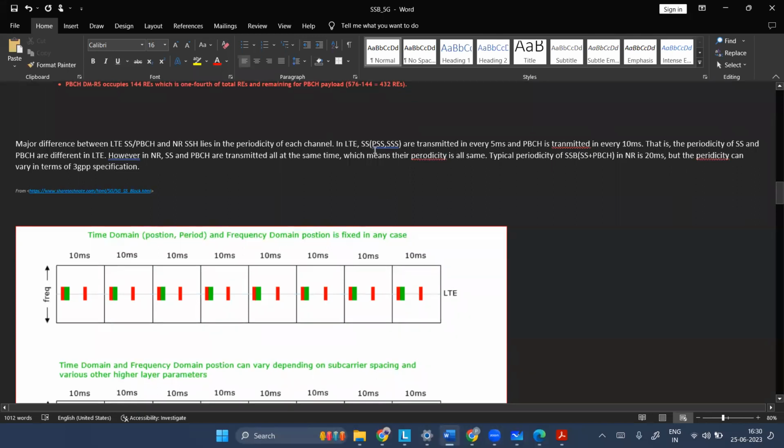In LTE, the SS block, that is PSS and SSS, is transmitted every 5 millisecond, and PBCH is transmitted every 10 millisecond. So the periodicities of SS and PBCH are different in LTE. However, in NR, these are the same. SS block plus PBCH are both transmitted at the same time, which means their periodicity is also the same. Typical periodicity of SSB in NR is 20 millisecond, which is generally used by default.